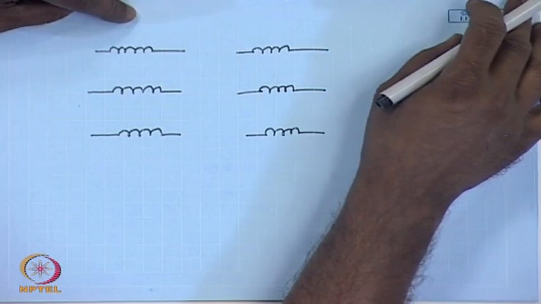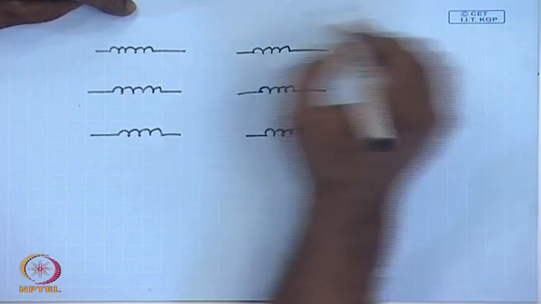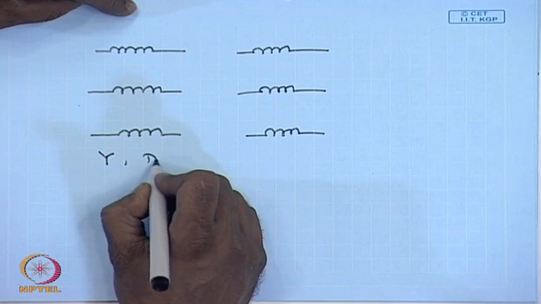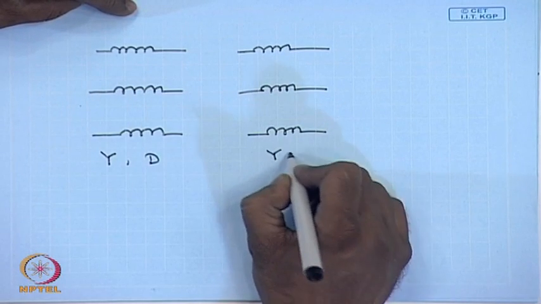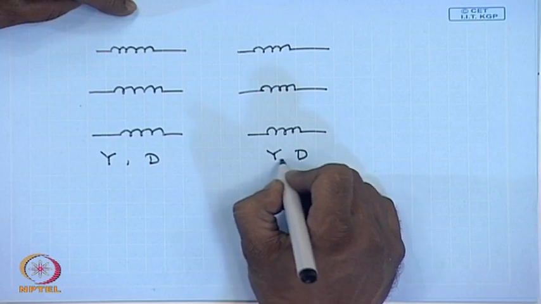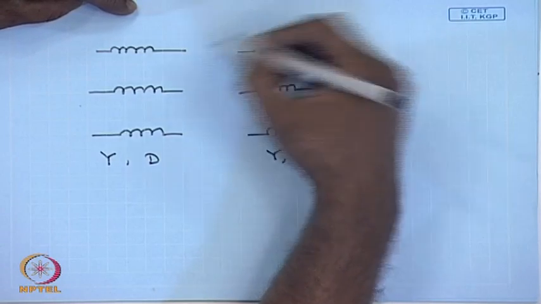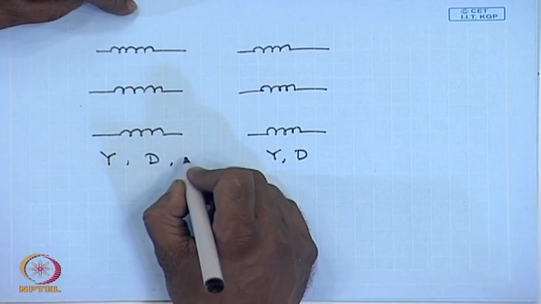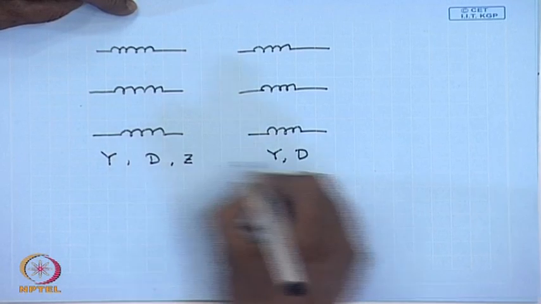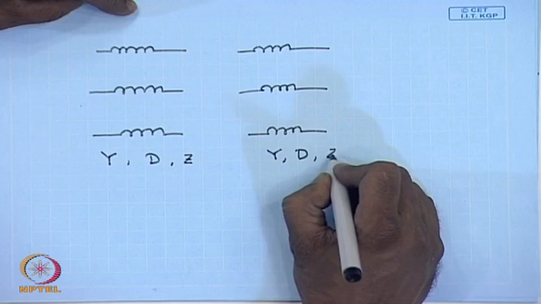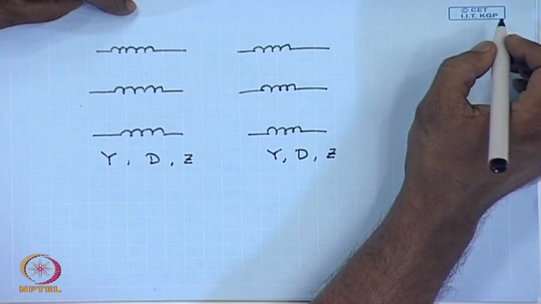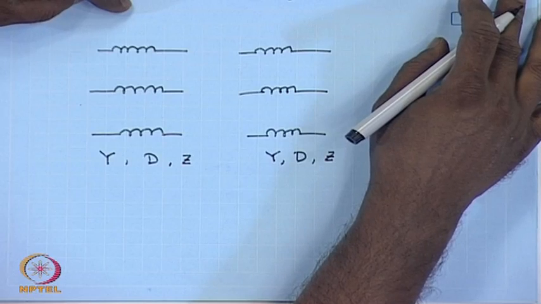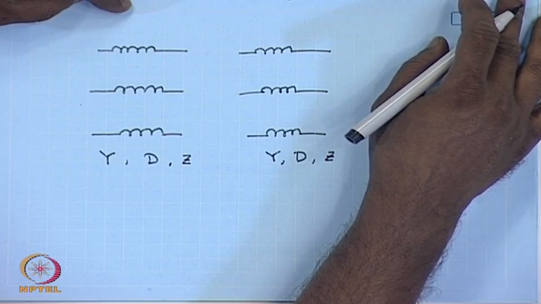Now, each of these high voltage or low voltage windings can be either star connected or delta connected, and if one set is split into 2, it is also possible to have a zigzag connection. So, theoretically either set of winding, high voltage or low voltage, can be star, delta or zigzag connected.